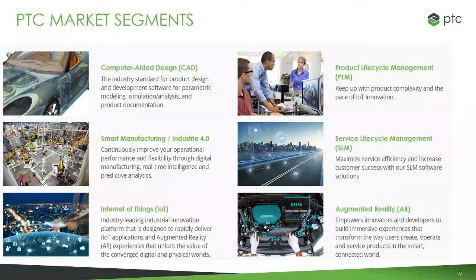So these are the segments we have in PTC, which is CAD, where we have a product like Creo. Similarly, we have Industry 4.0 or smart manufacturing, Internet of Things, product lifecycle management, service lifecycle management, and augmented reality. So I'll take you through in detail for all these segments.